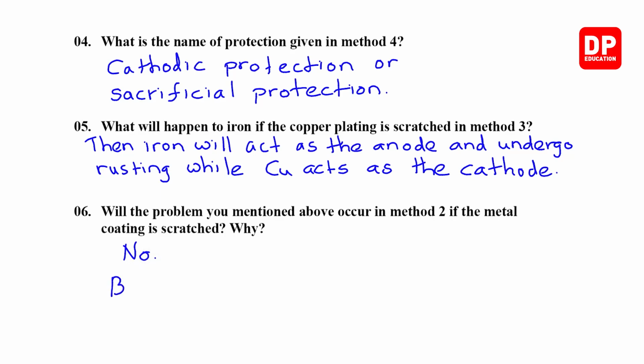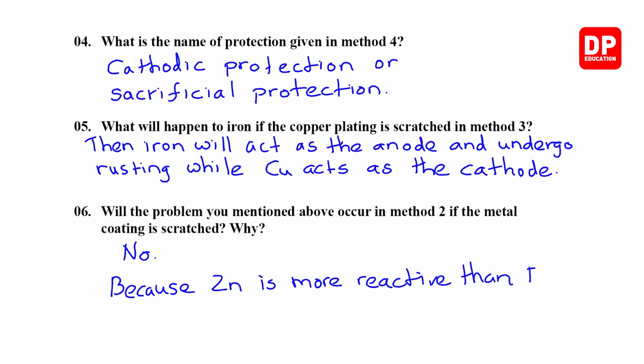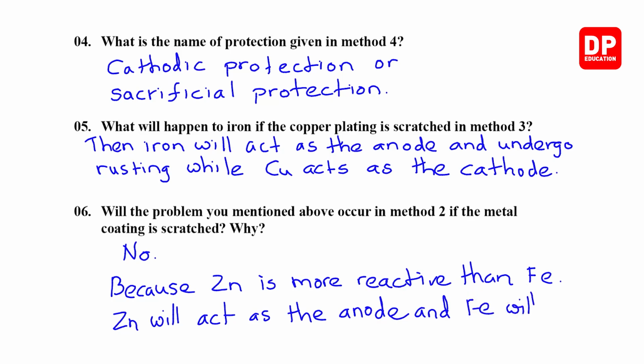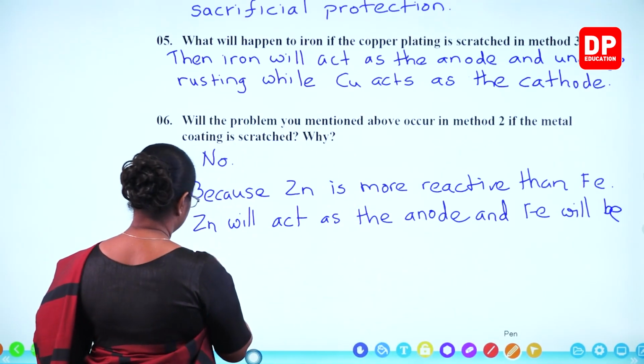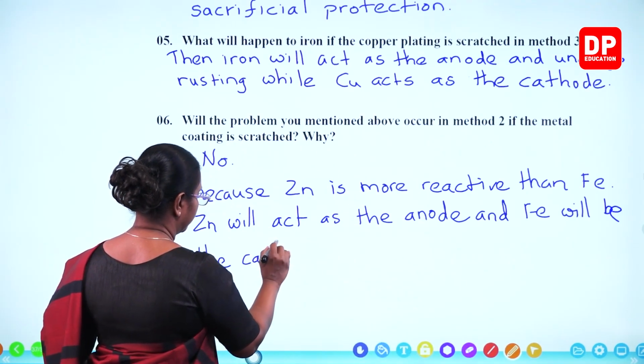Why? Because zinc is more reactive than iron. Zinc will act as the anode and iron will be the cathode.